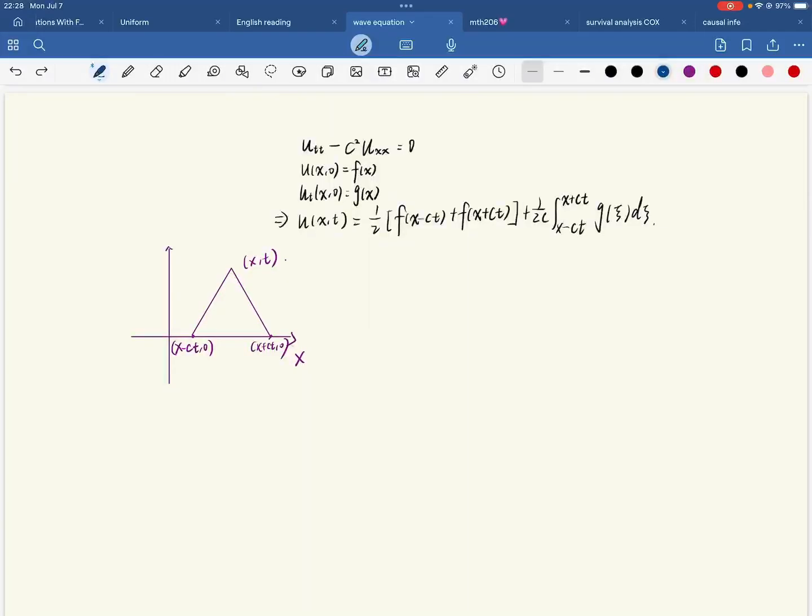Let's firstly look at it through the perspective of dimensional analysis.